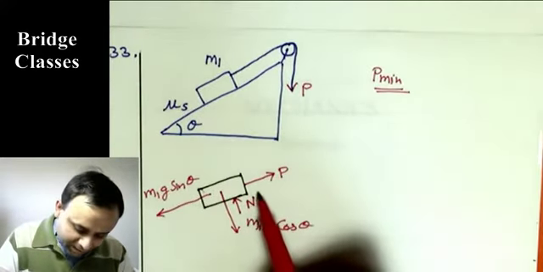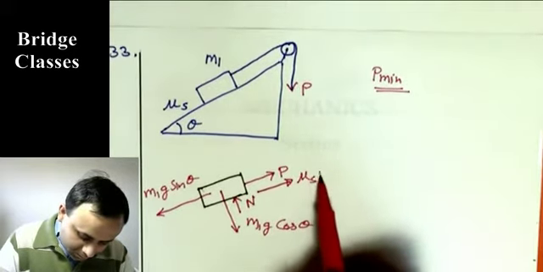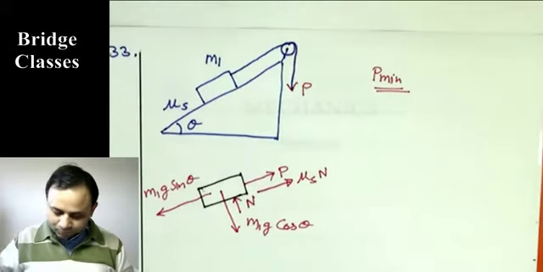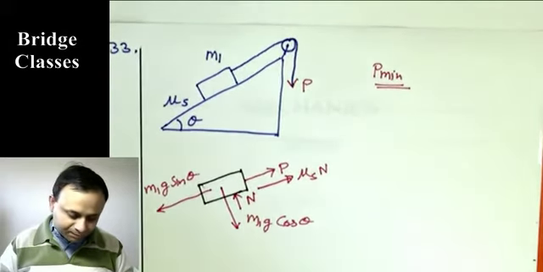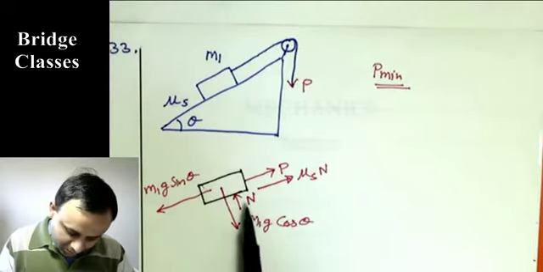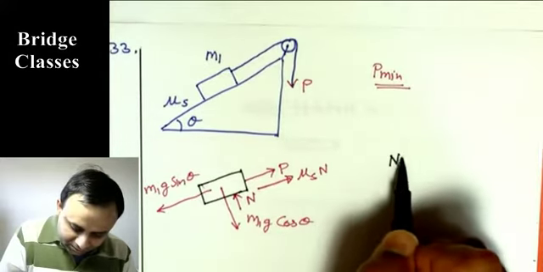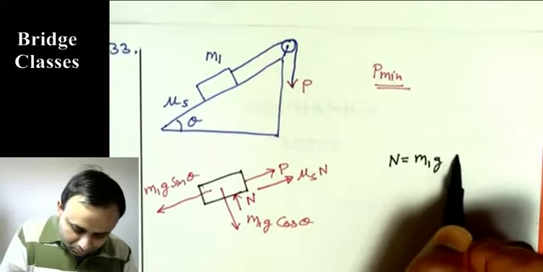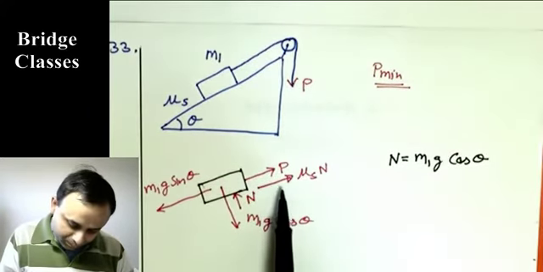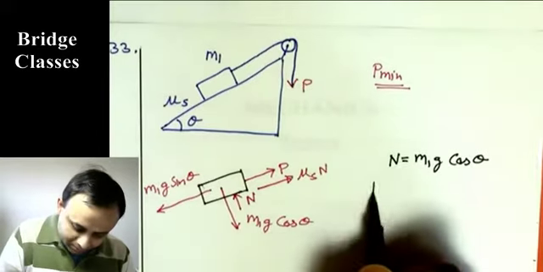So the friction will act in the upward direction, opposite to that. That is mu s N. And that is the free body diagram. Now we can write the equations here. We'll have N equals m1g cos theta by force balance perpendicular to the incline, and P plus mu s N equals m1g sin theta.